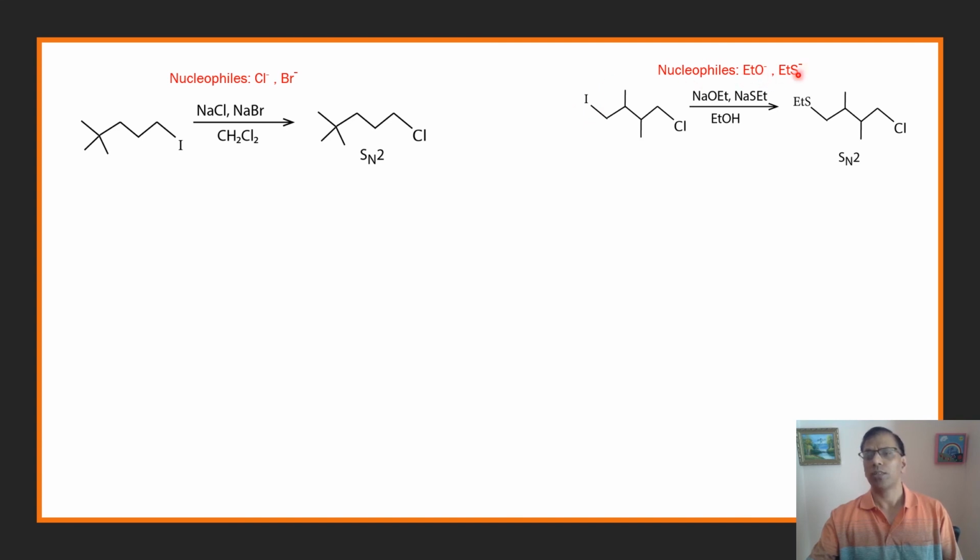And between the 2 nucleophiles, ethane thiolate is a better nucleophile as compared to sodium ethoxide, because it can donate its electron pair much more easily. So that's the reason the reaction proceeds via SN2 reaction mechanism, and you get the substitution product.